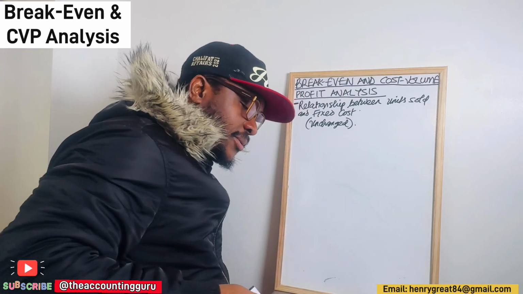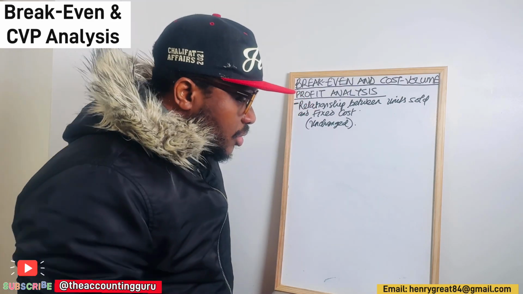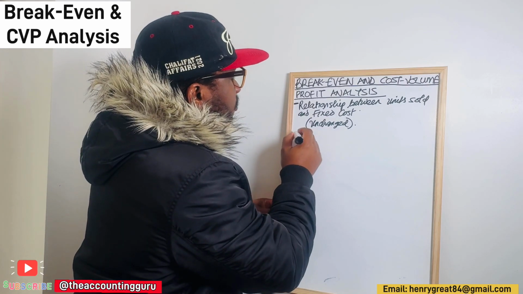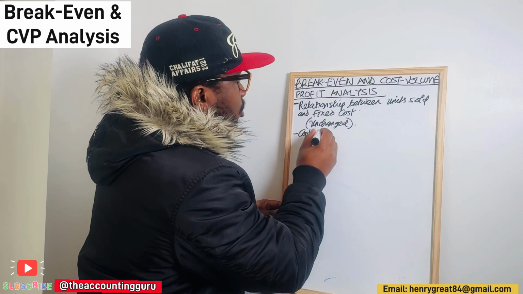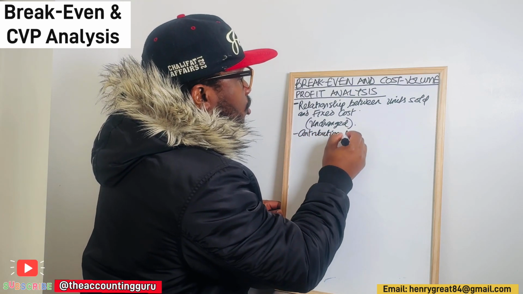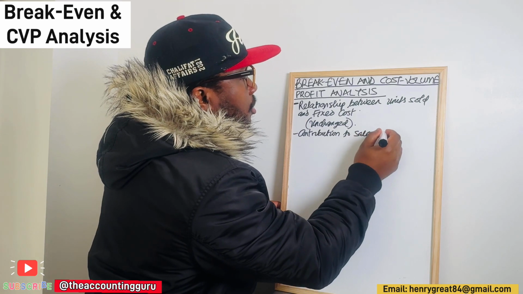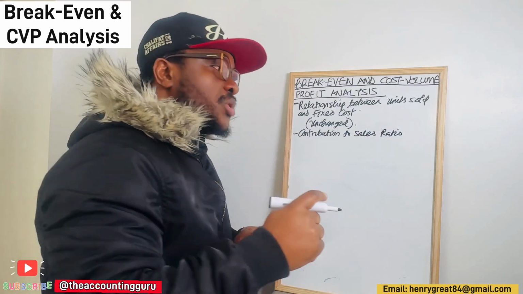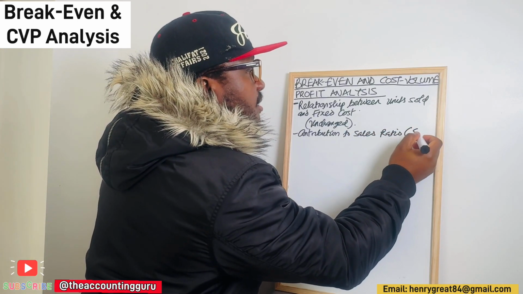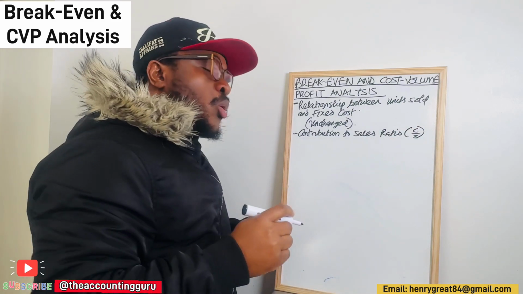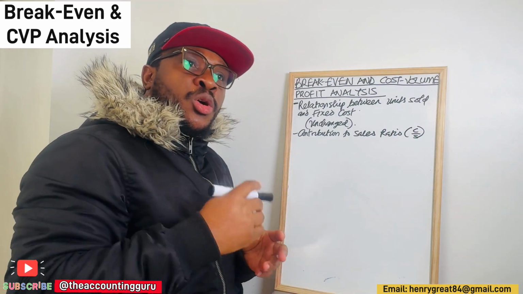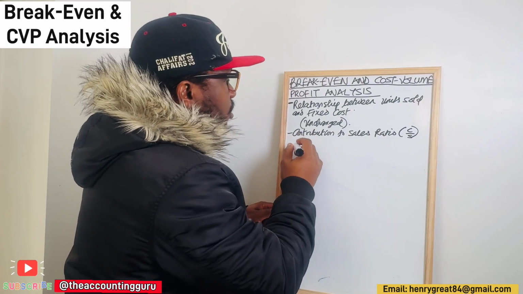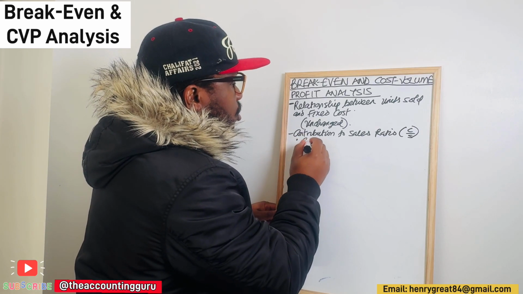Okay, so we take it a step further by looking at the concept of contribution to sales ratio. What is contribution to sales ratio? This is denoted by C over S. Contribution to sales ratio is also called CMR, that is contribution margin ratio.